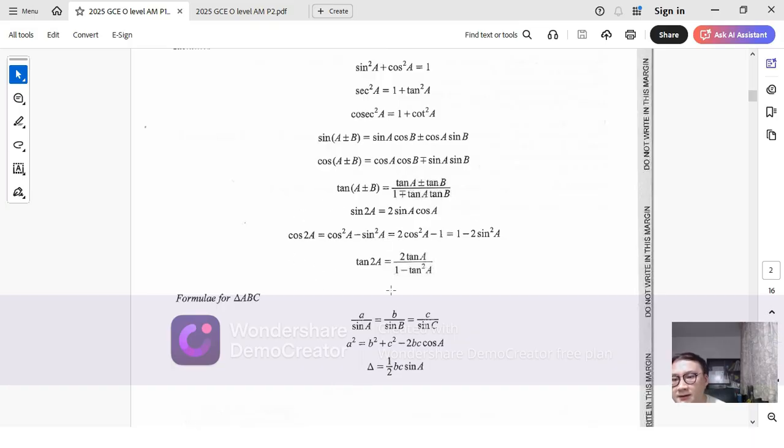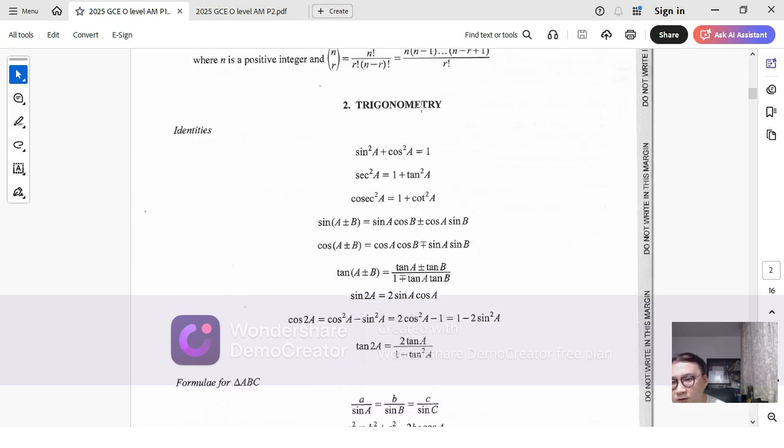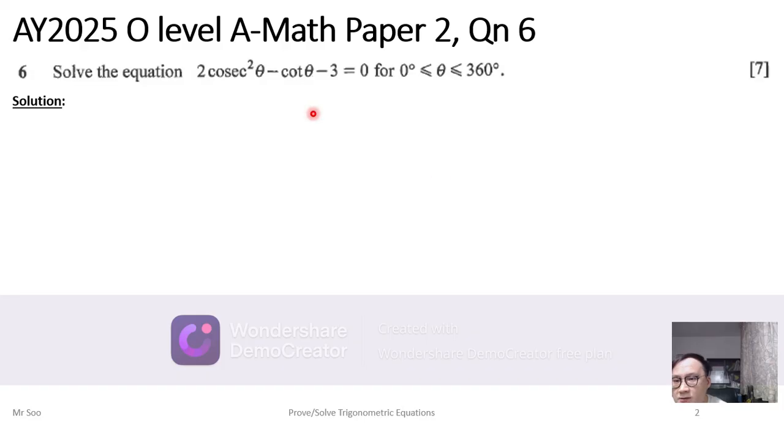Double angle. So if you look at these 3, Pythagorean identity, compound angle identity, and double angle identity, actually I can use Pythagorean identity, correct, to manipulate cosecant squared theta into cotangent theta. Because you see down here I have 2 different trigo functions, cotangent and cosecant.